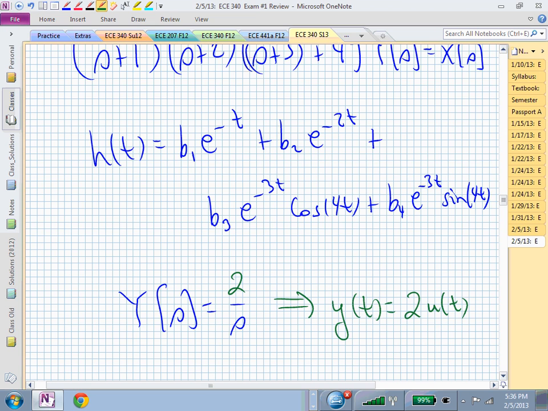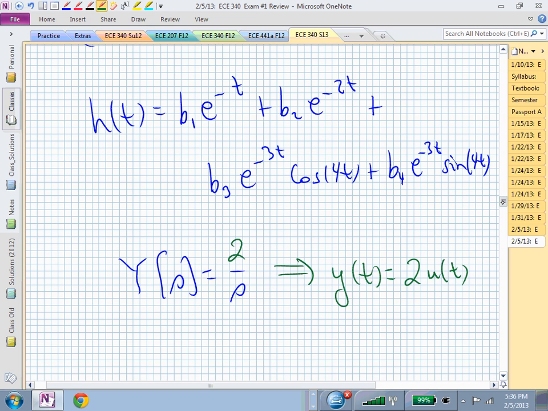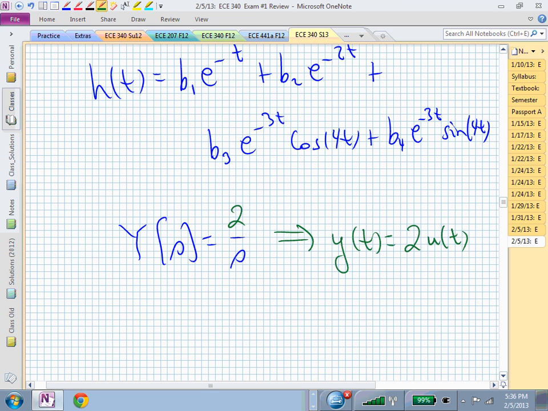And this is for the one-sided Laplace transform. This u of t is really just a switch. This is for t greater than or equal to 0. Or you could have said y of t is 2 for t greater than or equal to 0 also.